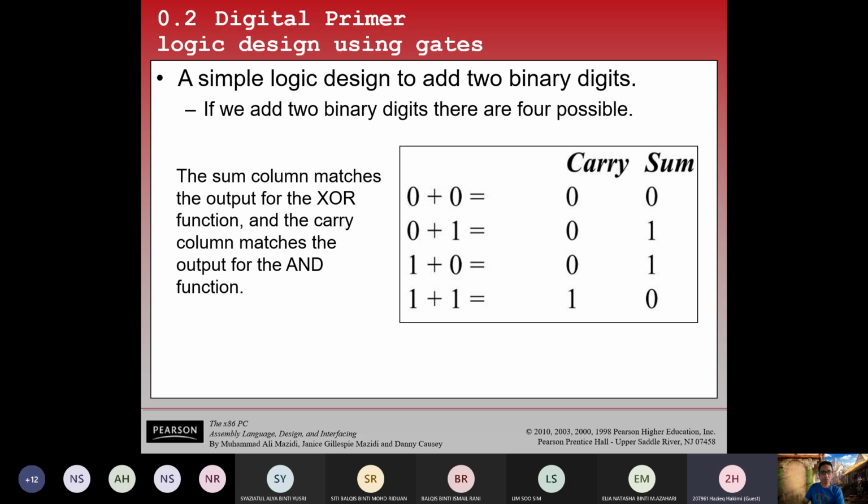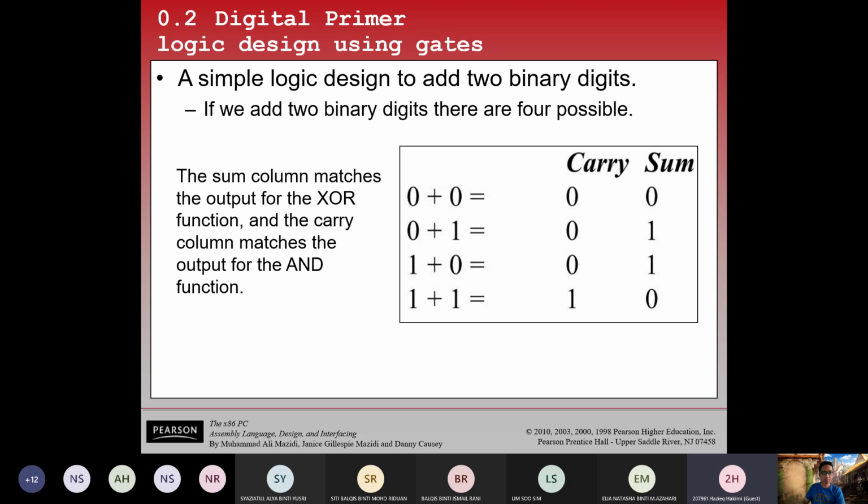Whenever you add, you sum both of the inputs, the result is always the result of XOR. It only becomes 1 when you add 1 with a 0, not 1 with 1, because then you have a carry. So that becomes exclusive OR.